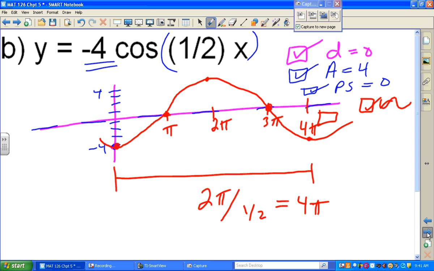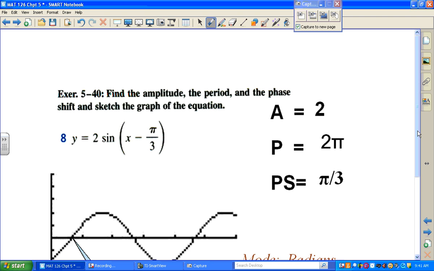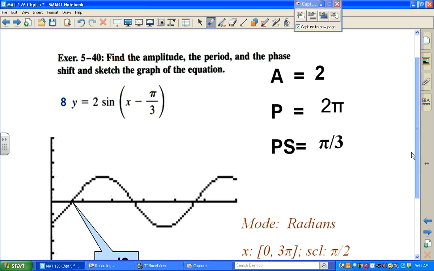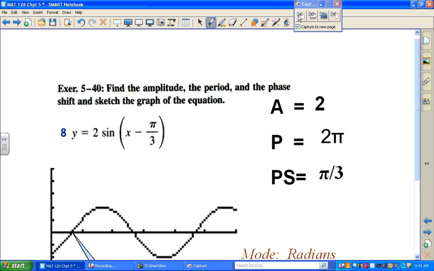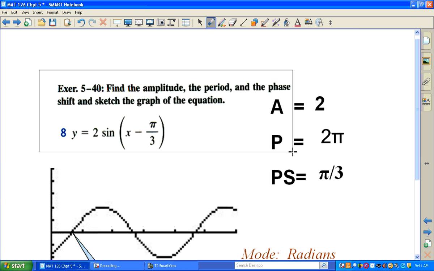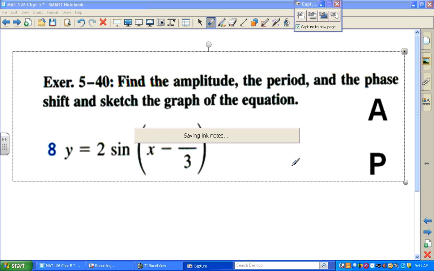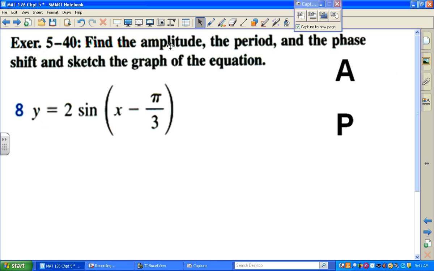All right. We got to question number 8, so we'll go through 9. We'll do this one, and then we'll call it. Find the amplitude, period, phase shift, and sketch the graph.